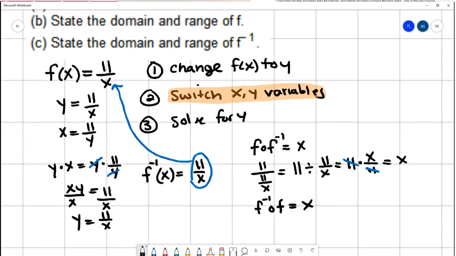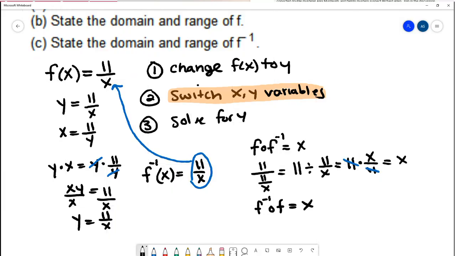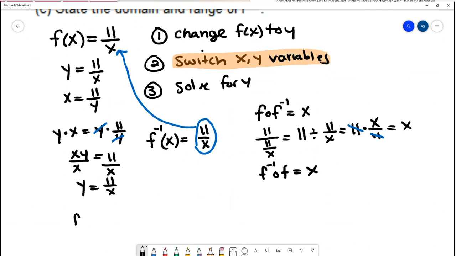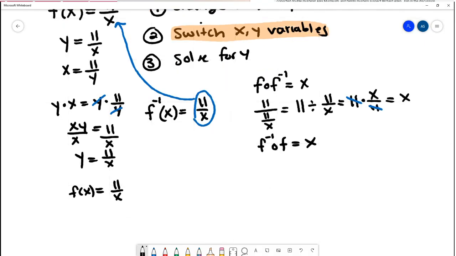So then we want to state the domain and range of each one of these functions. So f of x is equal to 11 over x. And because this is a rational function, we're looking for where the denominator is equal to 0. So the denominator will equal 0 when x is equal to 0. So we exclude that value from the domain.